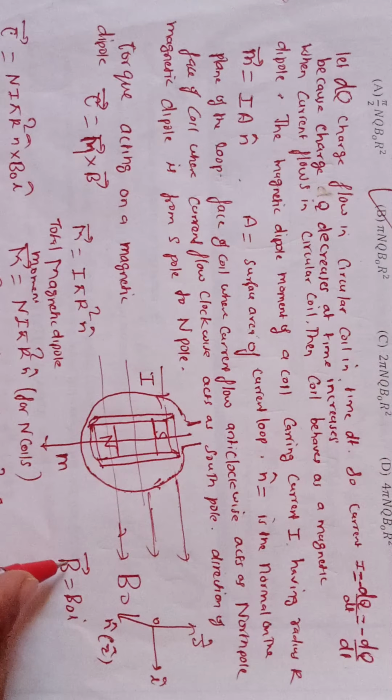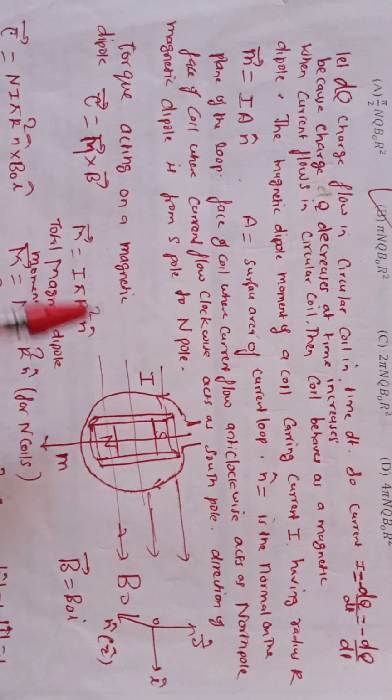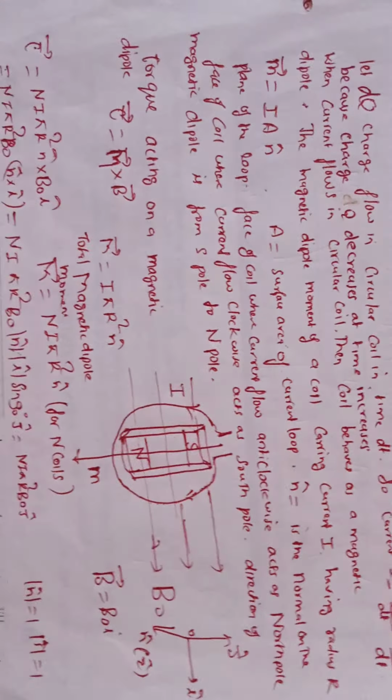So we write vector B equal to B naught i cap. Then we find the torque acting on a magnetic dipole.